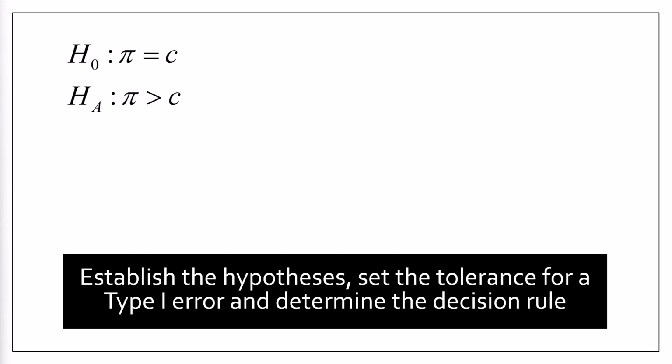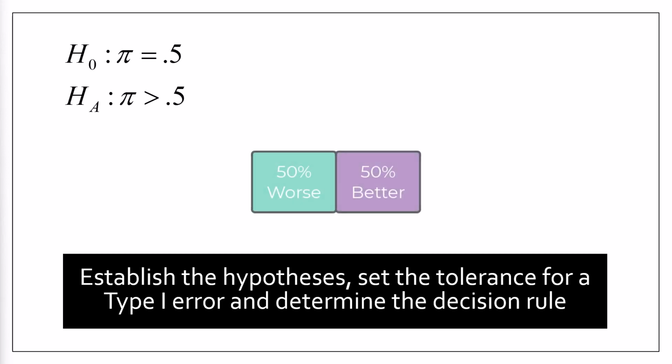So for example, what if we put in the value 0.5? If you think about having a treatment in which you look to see if individuals improve based upon the treatment, well, you would expect just by chance half to get better, half to get worse. So 0.5 is actually a nice example for a baseline for a null hypothesis.